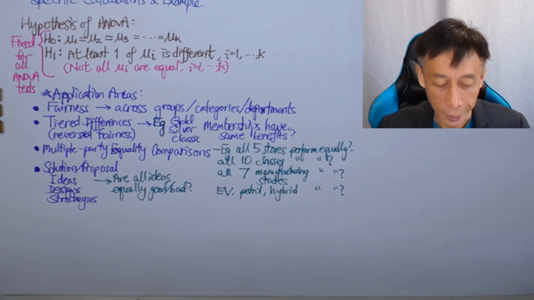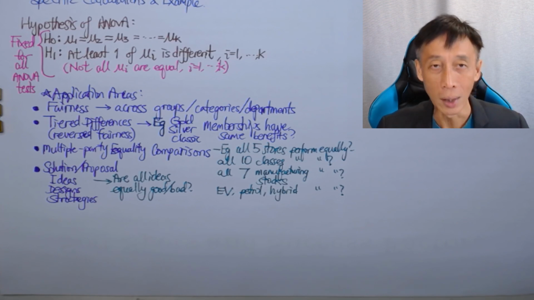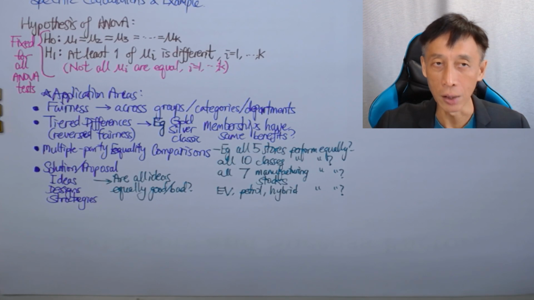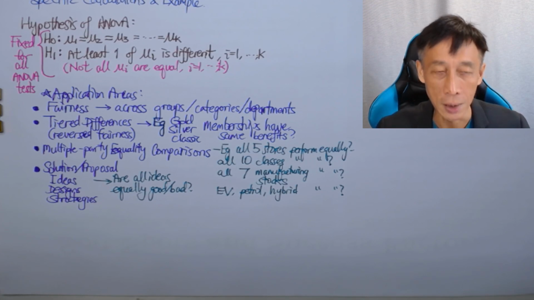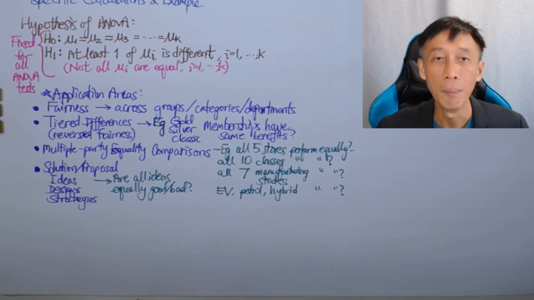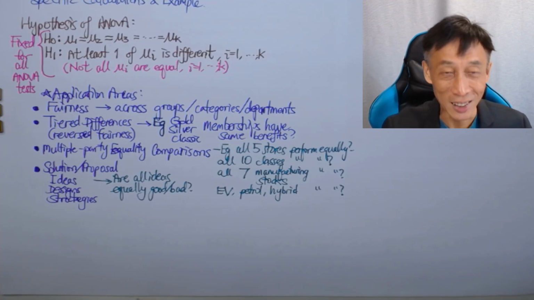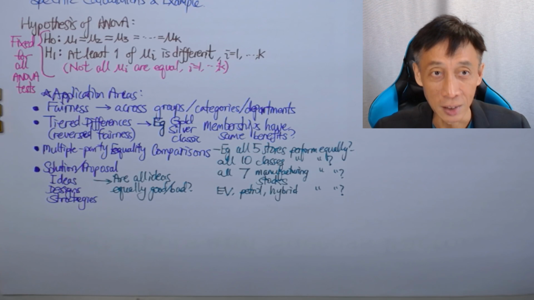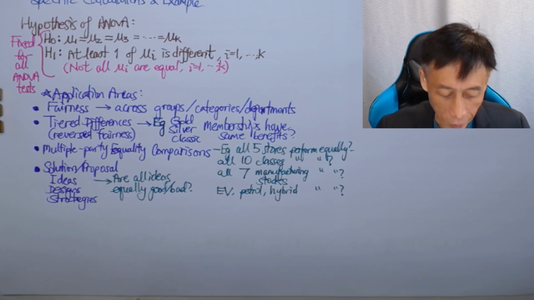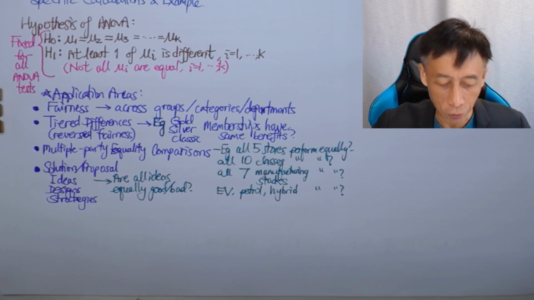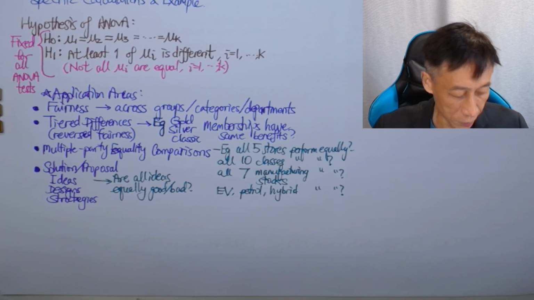Then you can be the one taking the initiative to say, hey, let's not speculate and give personal subjective assessment. That can come later. But for now, let's gather data and do an ANOVA analysis. All right, so that's for our application areas.